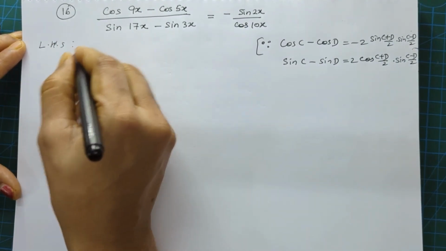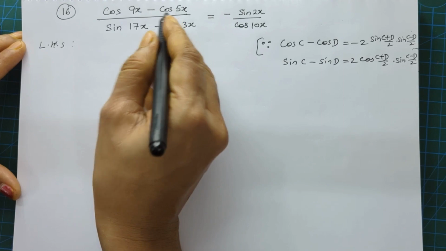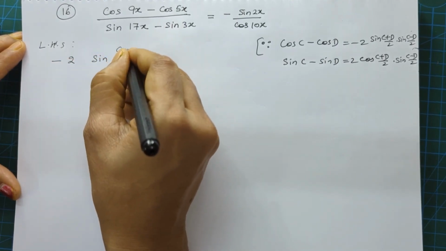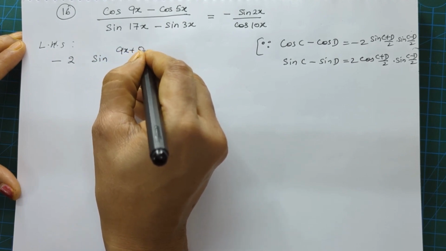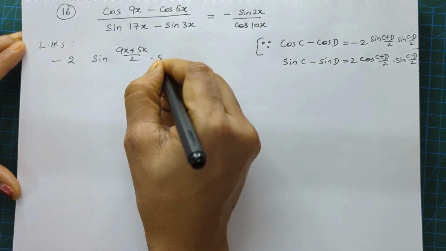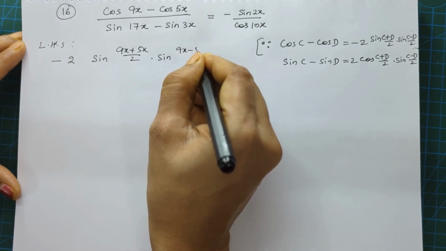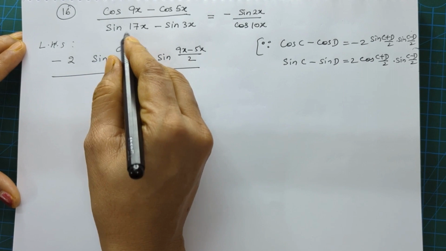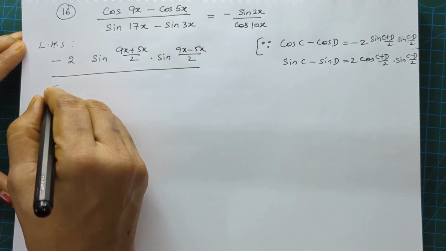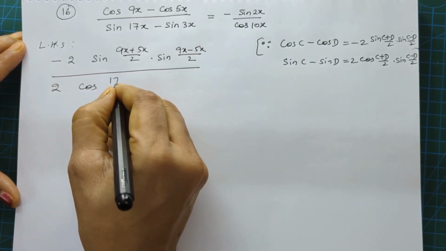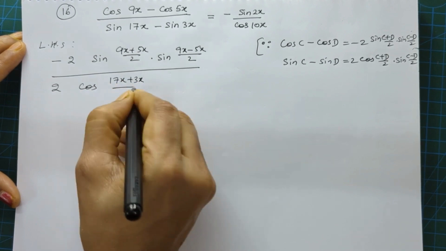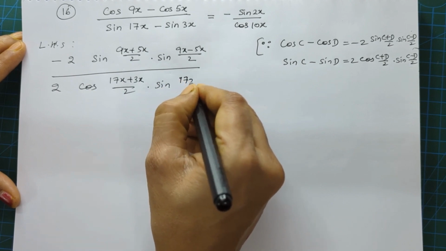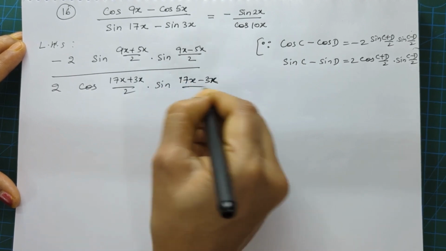So begin with cos c minus cos d, which is going to be negative 2 sin c plus d by 2 times sin c minus d by 2 divided by sin c minus sin d, which is 2 cos c plus d by 2 times sin c minus d by 2.